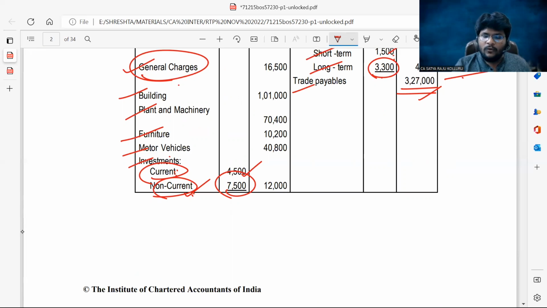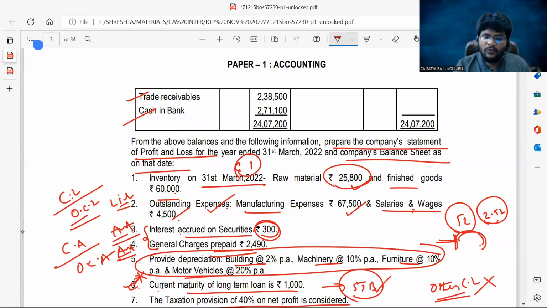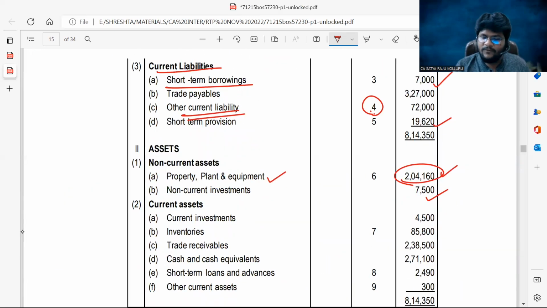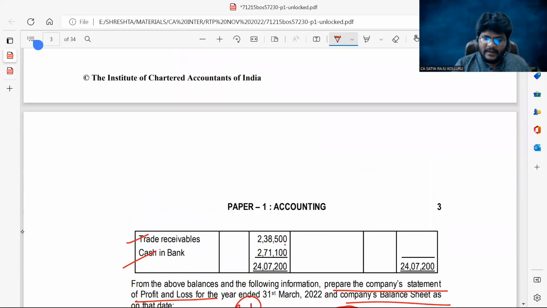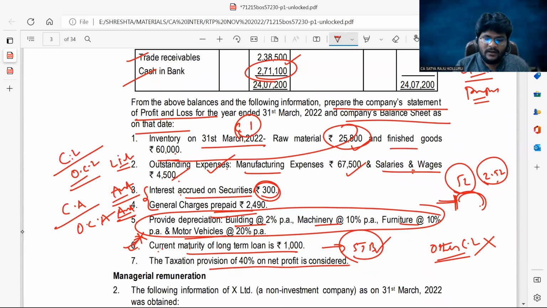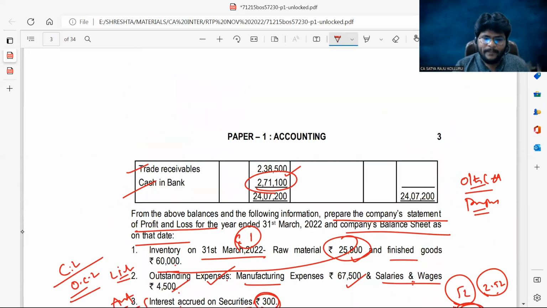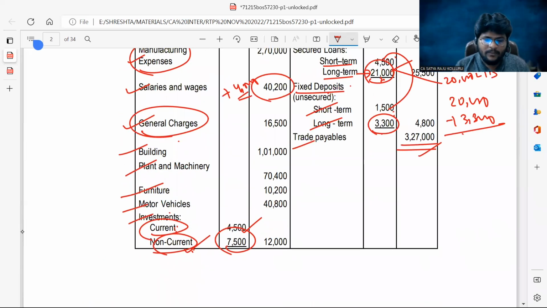Then inventory, closing stock information was directly given. You can add, that is 85,800 something. Trade receivables information was directly given. Cash and cash equivalents information was also directly given. The one and only important item was other current assets. Under other current assets, prepaid expenses will come. Tell me, guys, prepaid expenses is there, right? That will come. Or any other current asset is there apart from that?